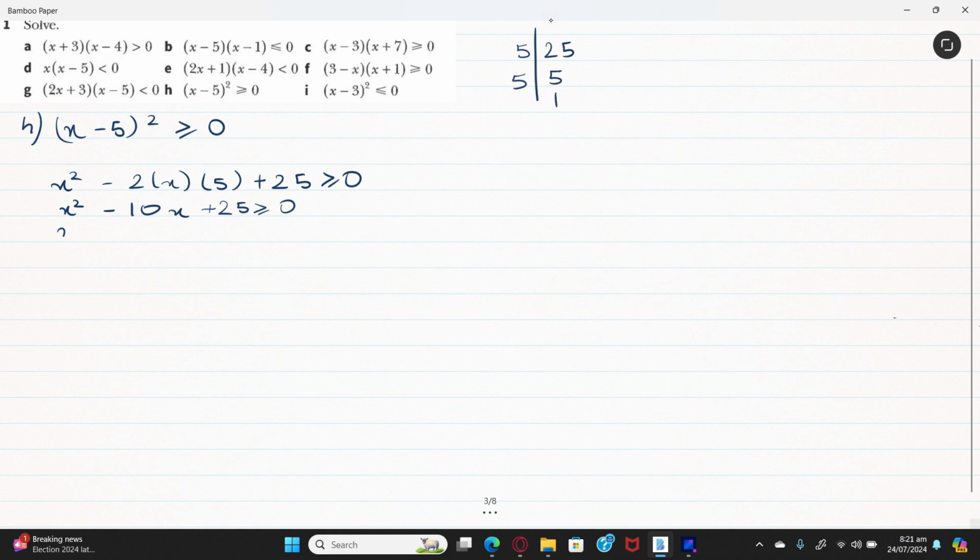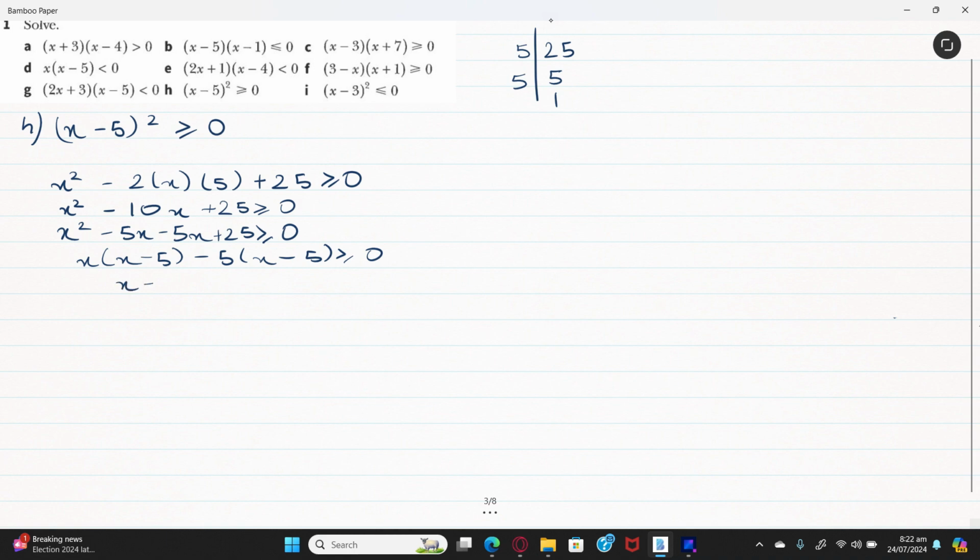So x squared minus 5x minus 5x plus 25 is greater than or equal to 0, and that would give me x as the common, x minus 5 again, and minus 5 as the common, x minus 5 again is greater than or equal to 0.